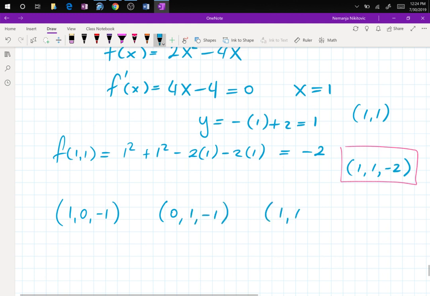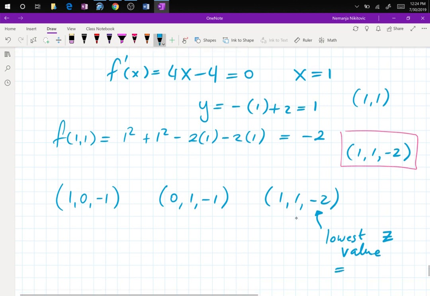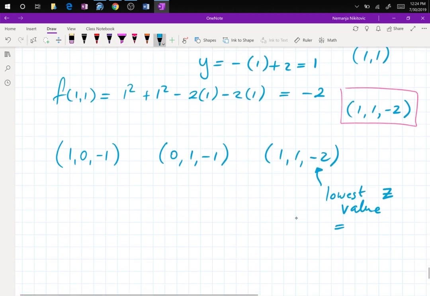And there is a point 1, 1, negative 2. This is the lowest z value, so it's the absolute minimum. There are no points that are lower than the z value of negative 2. That's what this calculation gives us.